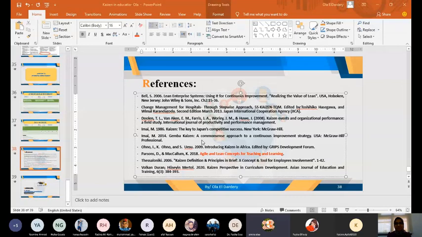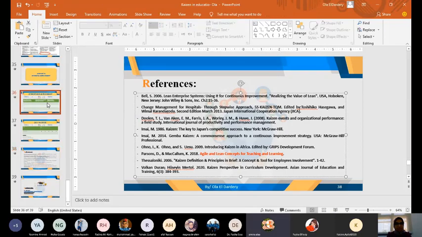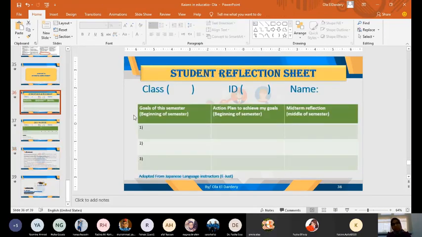I have a question concerning the student reflection sheet. I think shouldn't the teacher fill in the goals for this column for each course? You mean when it comes to the reflection sheets? Yes. Okay, you believe that the professor should fill in the goals for each semester at the beginning?